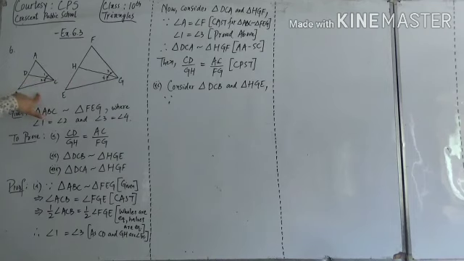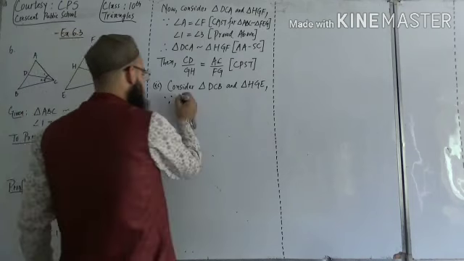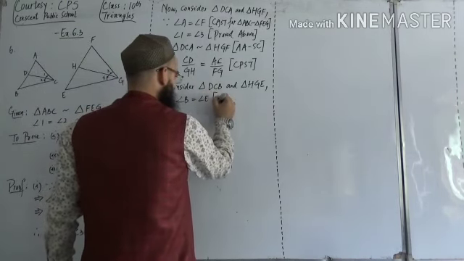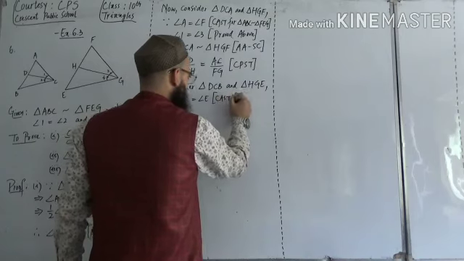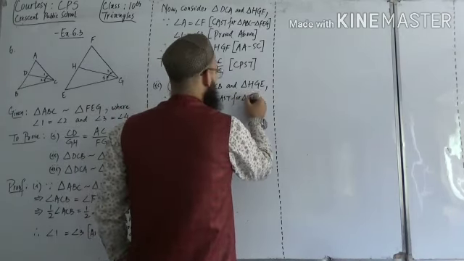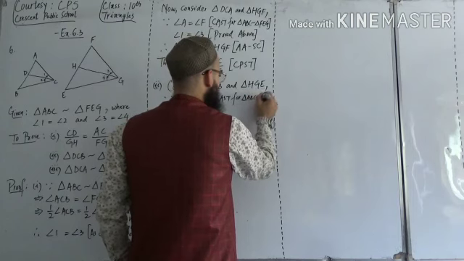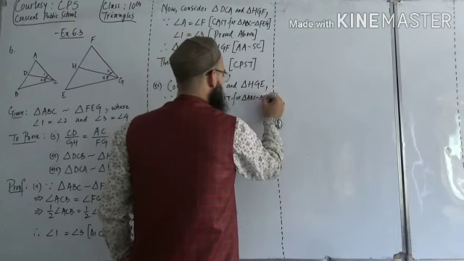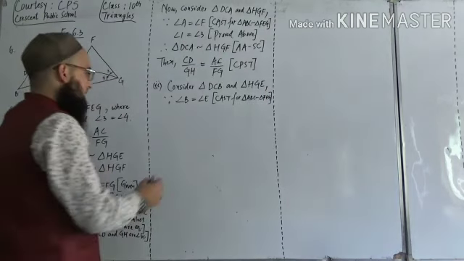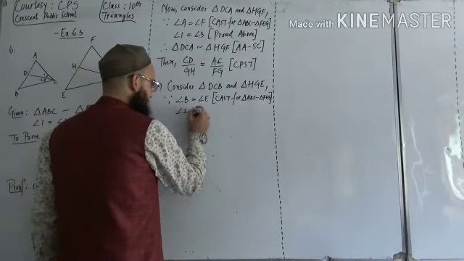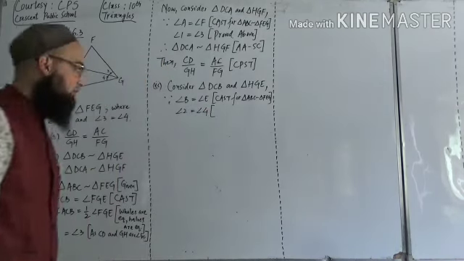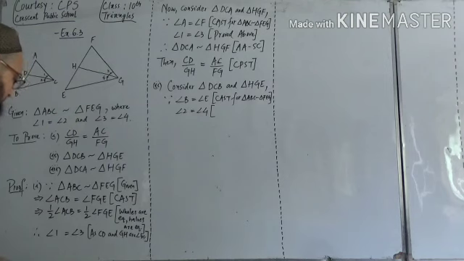Here what you got? Angle B is equal to angle E, same reason: AAA, triangle ABC is similar to triangle FEG. Got that? Then angle 2 is equal to angle 4.